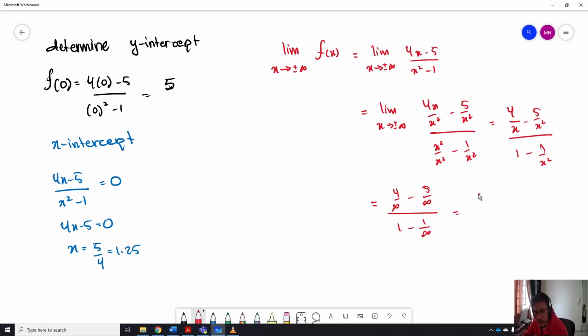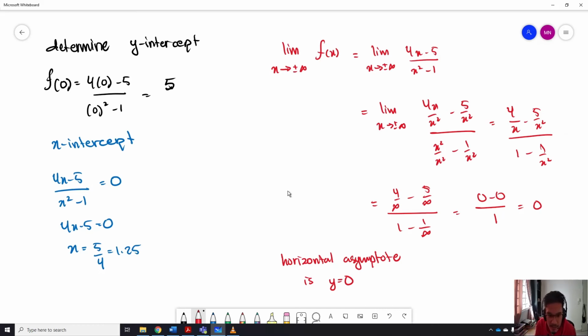So then we have 0 minus 0 over 1, which is equal to 0. So our horizontal asymptote is y equal to 0.